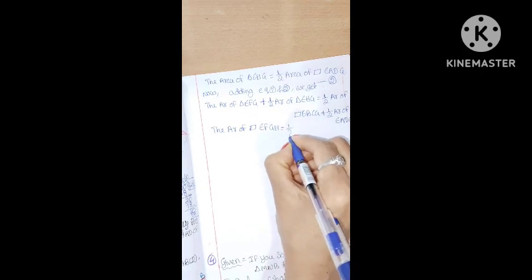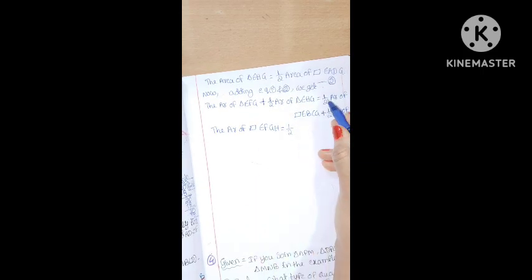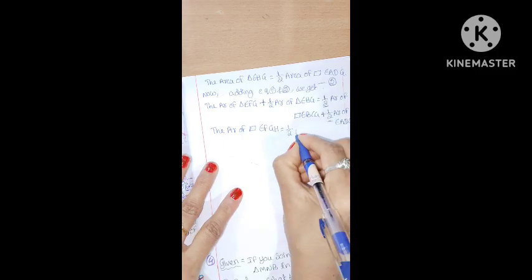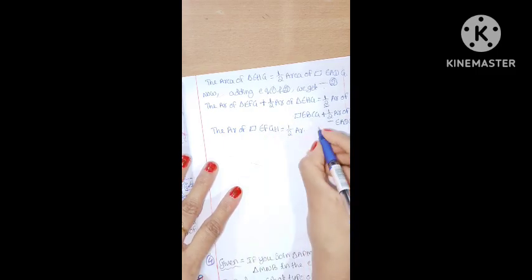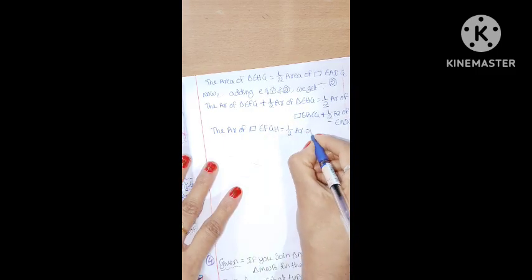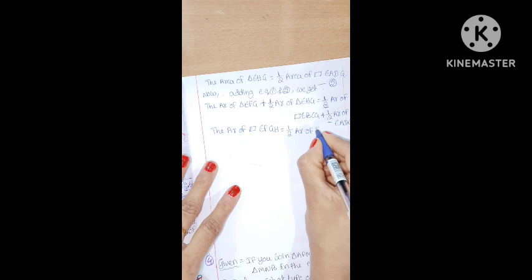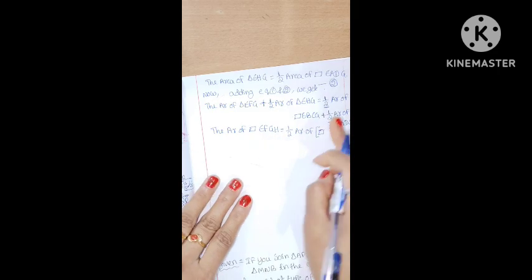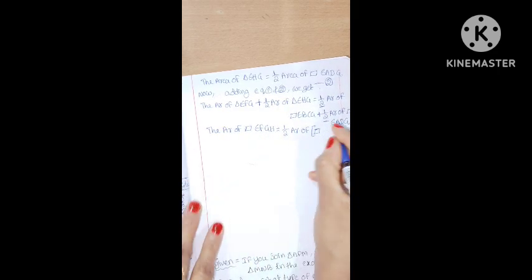And next, the right hand side: 1/2 is common in these two areas, so 1/2 the area of the parallelogram. 1/2 is common only. So that's why.